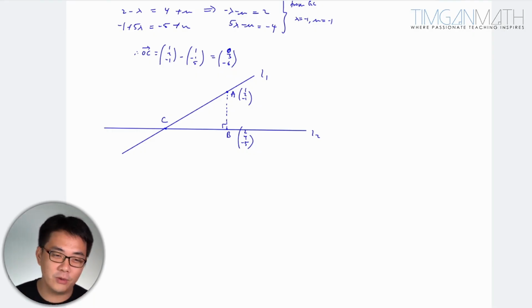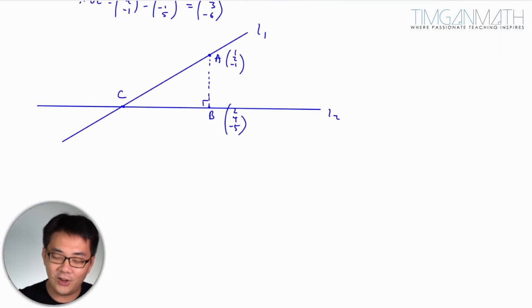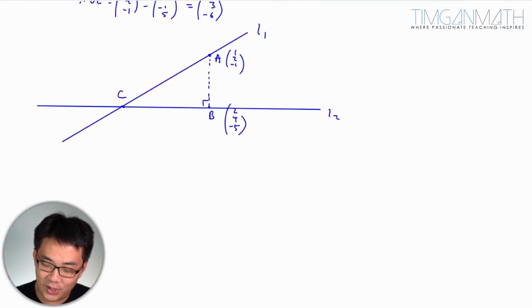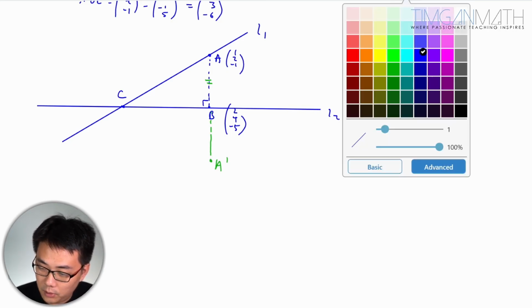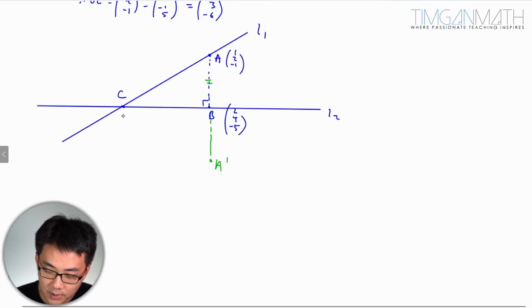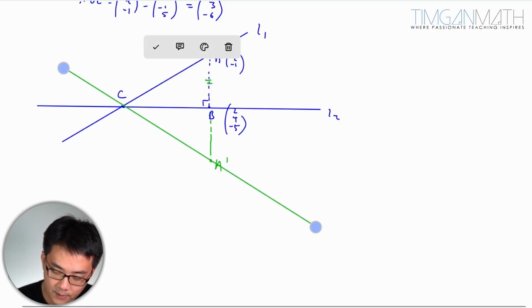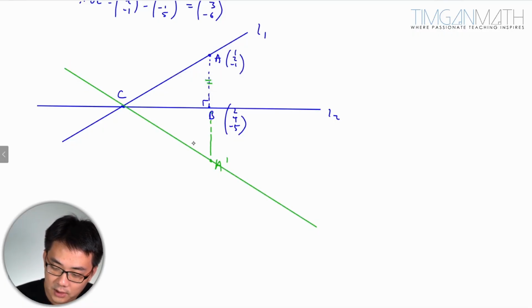So just make sure that this is 1:1. Make sure that you know how to get this A prime here. The first thing is to know that you should use a mirror image. If you've forgotten about it, highlight it somewhere.